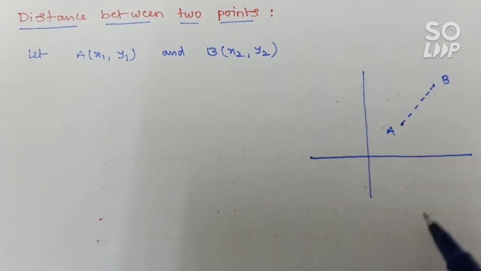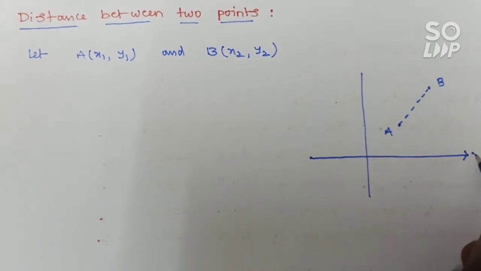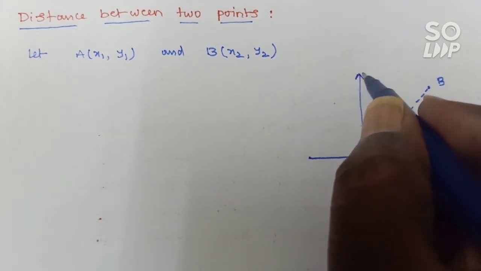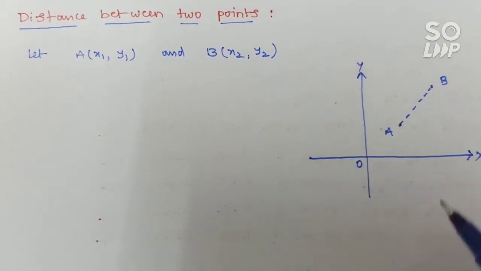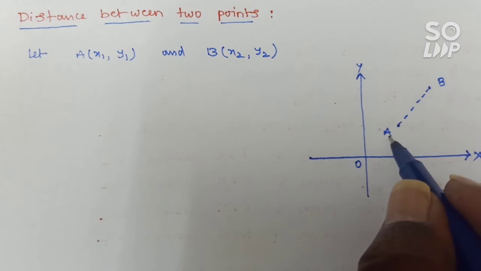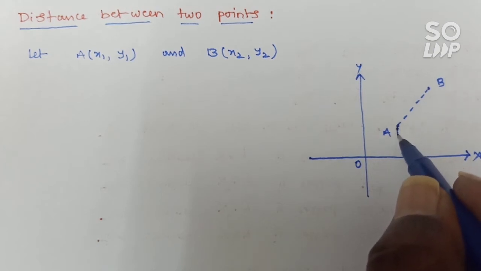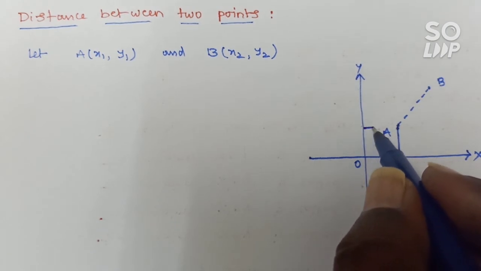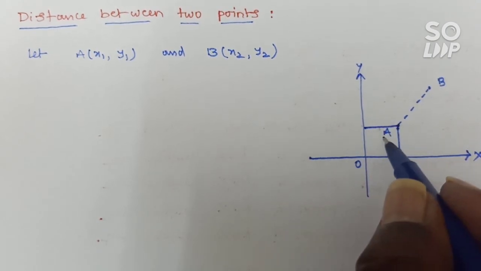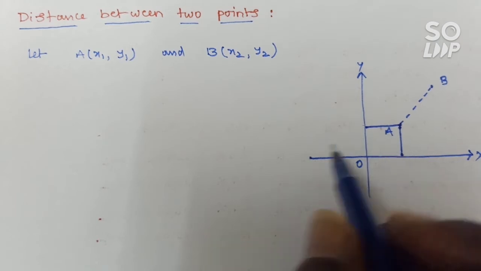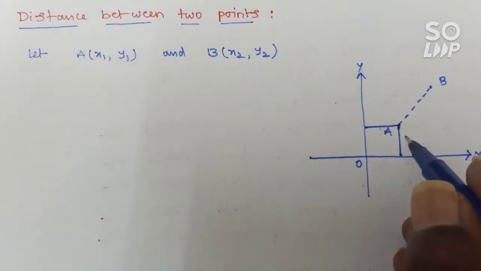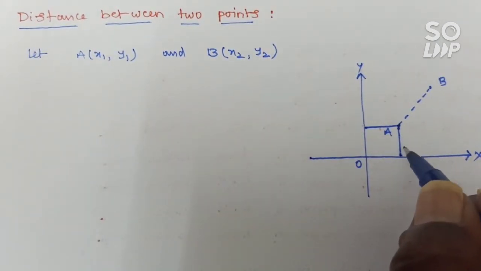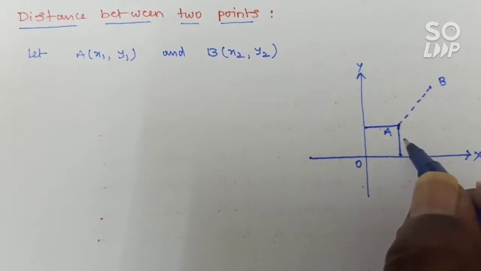This is the origin. If you draw the perpendicular from A to the x-axis and to the y-axis, the coordinates of A are x1 comma y1, so this length is y1 and this length is x1.